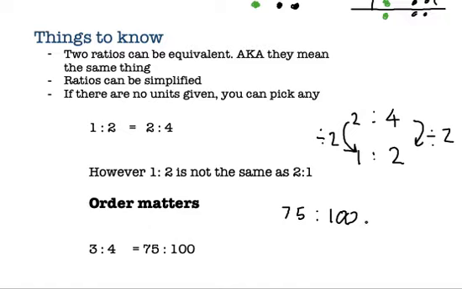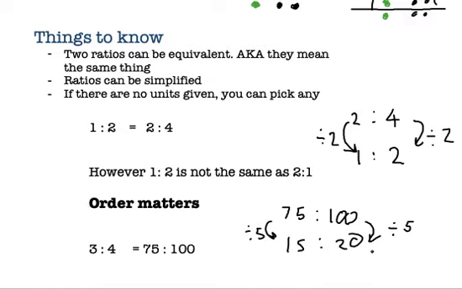So let me try to do that. Okay, 100 divided by 5. That would give me 20. If I divide one side by 5, I'm going to also have to do the same to the other. That's going to give me, let me check, 15.